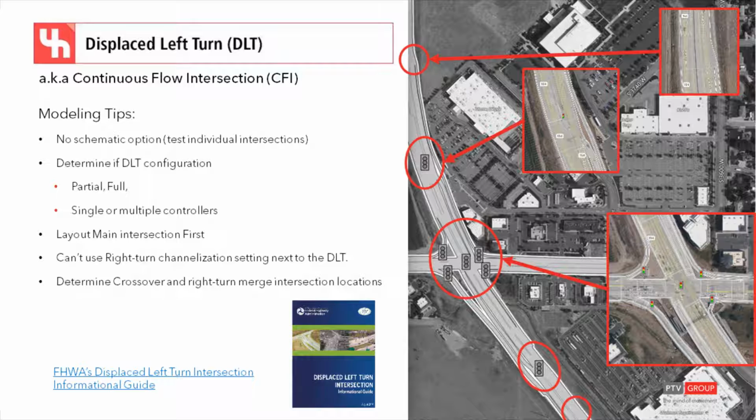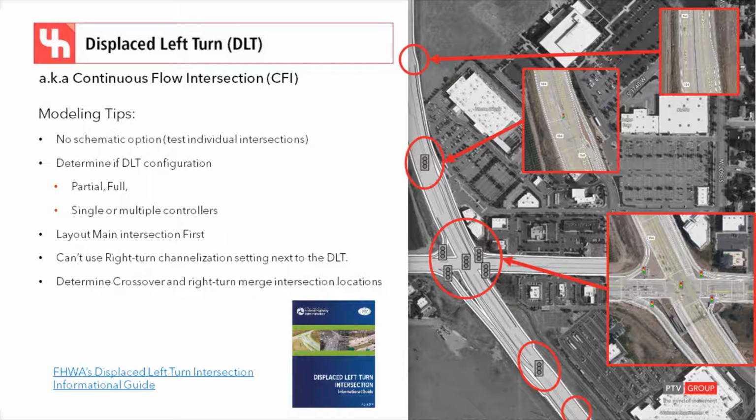This intersection type is really flexible, so I would highly recommend reading the FHWA guidance here to determine what configuration you may need for your project type, and again, what type of signals, timings, and number of controllers you may need at your intersection type. You can run it with one controller or two controllers, and there's different pedestrian configurations. So again, please take a look at this document.